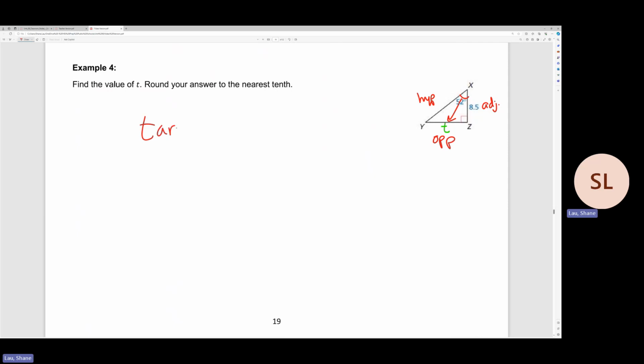So tangent of 52 degrees equals opposite, which is T, over adjacent, which is 8.5. I'm just going to solve. Again, not a whole lot that's difficult. I'll get a T value of 10.9. And that is the very last lesson of Unit 8.